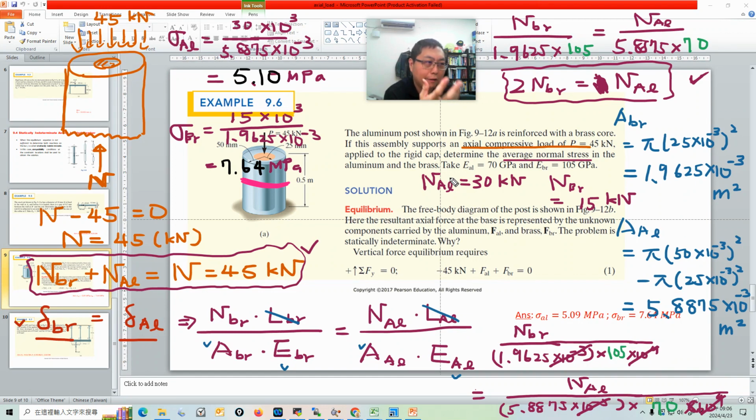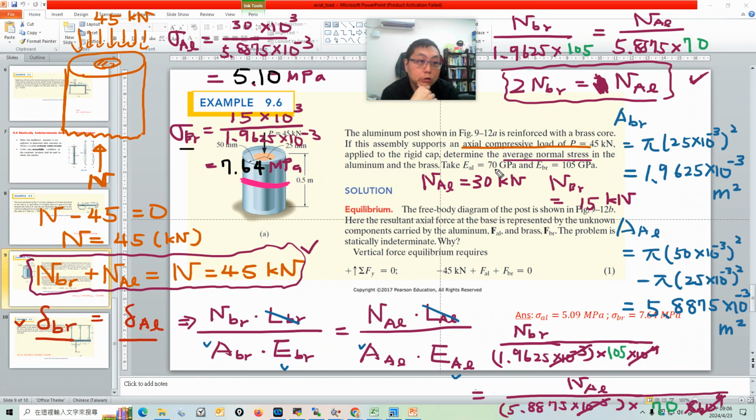So after all, if you apply an external loading on the coaxial bar, you will find the inner brass takes more stress. The inner part takes 7.64 megapascal stress, and the aluminum shell part only takes 5.10 megapascal. That is because brass is a harder, stiff material, because its modulus is 105 gigapascal, much greater than aluminum's 70 gigapascal.